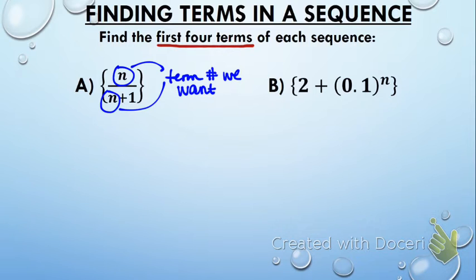So if I'm trying to find the first term in the sequence, A1, what would I put in for n? 1. So I'm going to have 1 over 1 plus 1. So what is the first term in this sequence? 1/2.